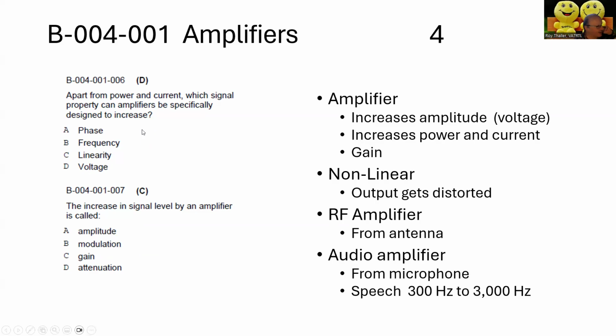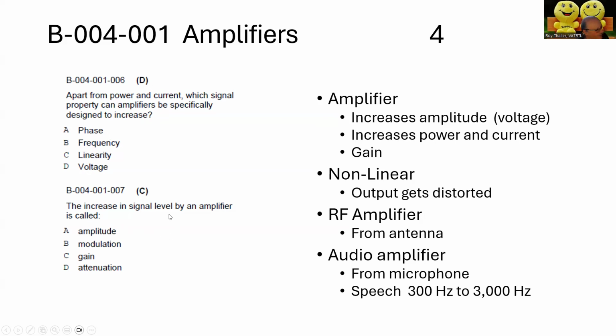Apart from power and current, which signal property can amplifiers specifically designed to increase? So power and current, if you think of Ohm's law, so what's left here is D, voltage. So you can amplify voltage, you can amplify current, or you can amplify the product of voltage and current, which is power.